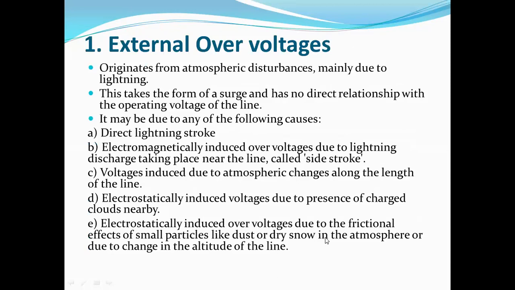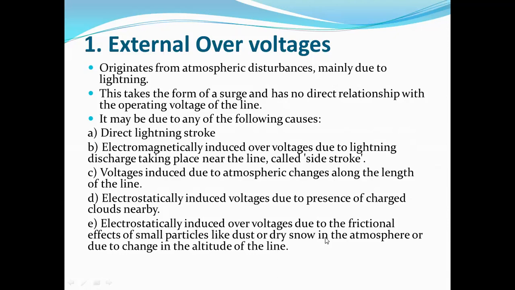So these external over voltages originate from the atmospheric disturbances, mainly due to lightning. Then this takes the form of a surge and has no direct relationship with the operating voltage of the line.